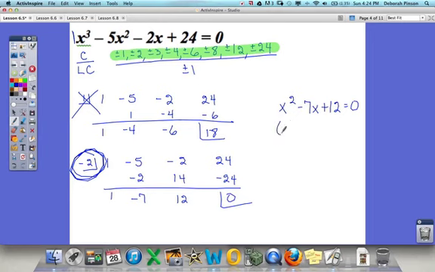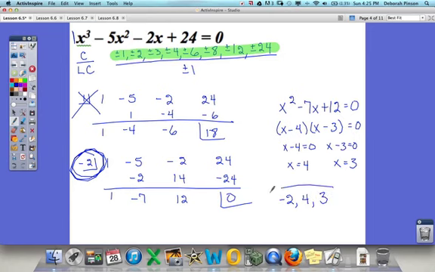I'm going to try factoring, honestly, just because I think it will work in this particular problem. Okay, so it factored. So when I set those equal to 0 and solve, I get 4 and 3. Okay, so here are my three answers: negative 2, 4, and 3.